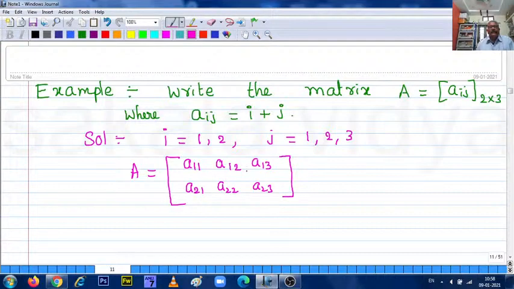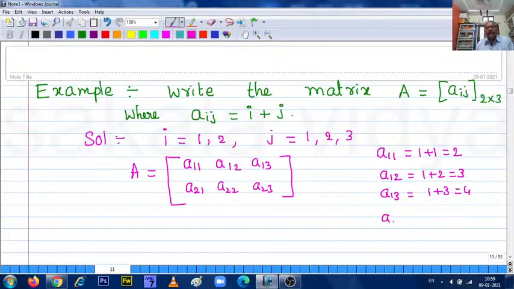Now you need to find A11. A11 means Aij equals i plus j: 1 plus 1, 2. Next A12, 1 plus 2, 3. A13, 1 plus 3, 4. A21, 2 plus 1, 3.